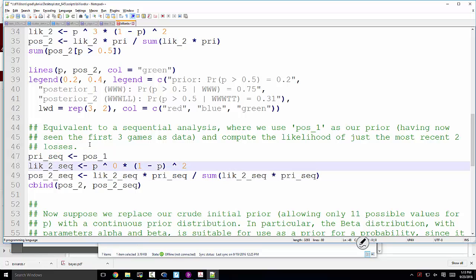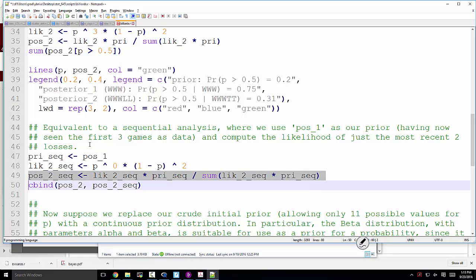And if I lost 2 games from this point, my likelihood would be p to the 0, 1 minus p to the 2. Then my new posterior would be likelihood times prior divided by the sum of likelihood times prior.